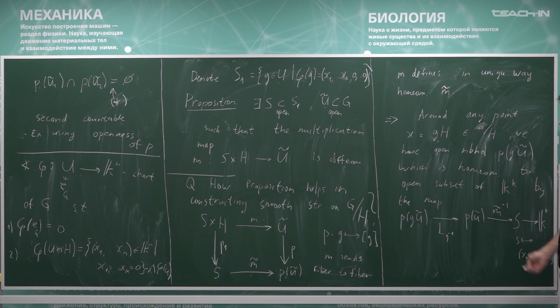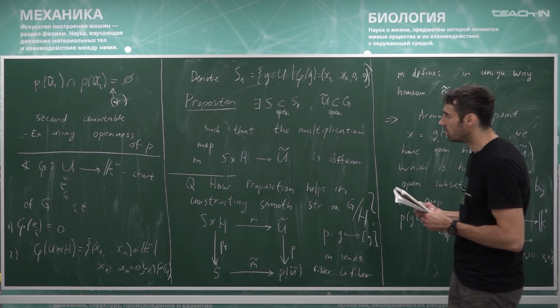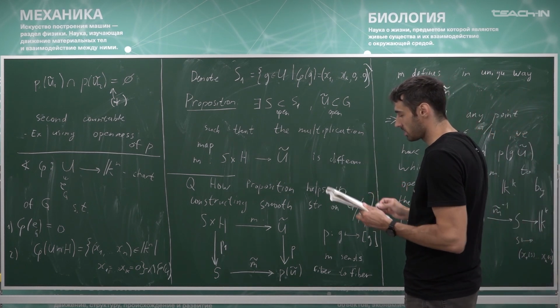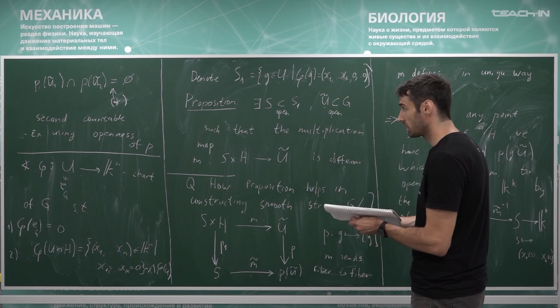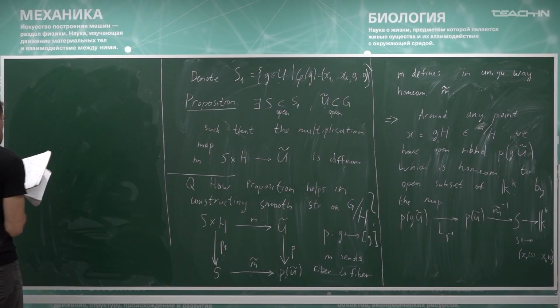This is our chart around any point. So the question is why transition maps are smooth, because we would really like a smooth map.